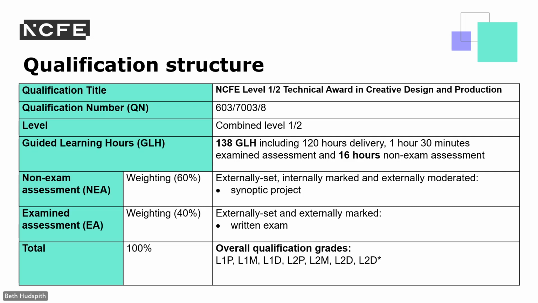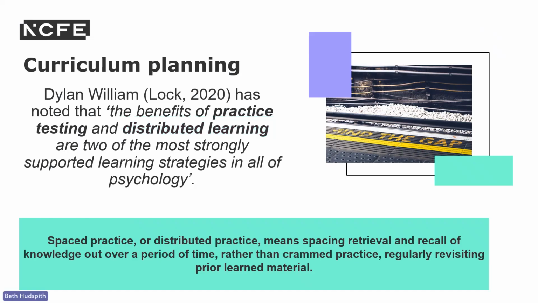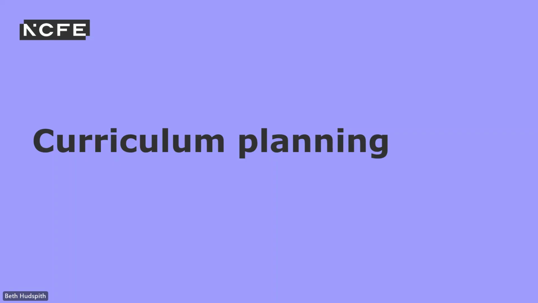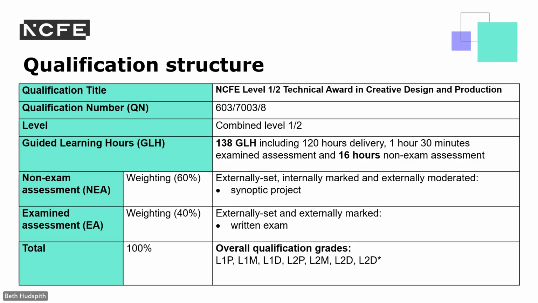As a summary, the NEA has a 60% weighting and the EA 40% weighting. The content assessed in the EA and NEA will be sampled across the full breadth of the qualification. The overall qualification grades for a level 1 are pass, merit, distinction, and for level 2, pass through to distinction star. Hopefully that is all quite clear.